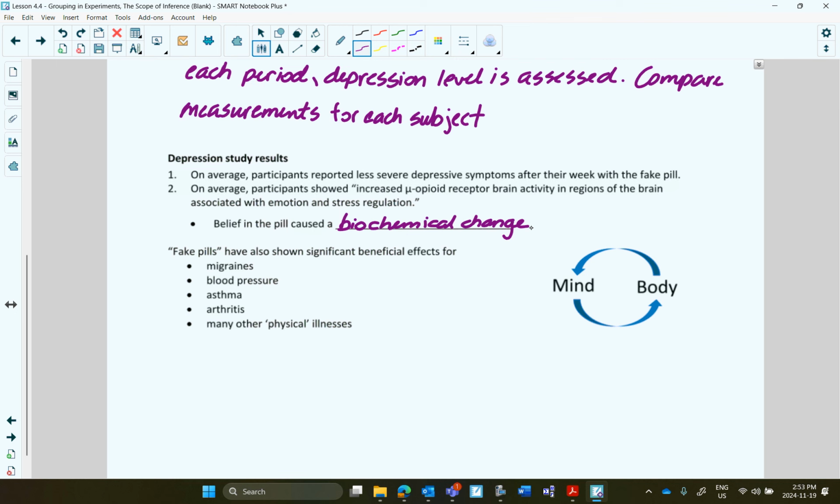At the end of each year, you have subjects who have done the first month, second month, and you have their interview questions from the first period and the second. Obviously, if you're using a questionnaire, you're getting the depression rating, so they're comparing the depression rating with the fake pill and without it. Let's assume the rating is out of 20, with 20 being the most depressed and 1 being the least.